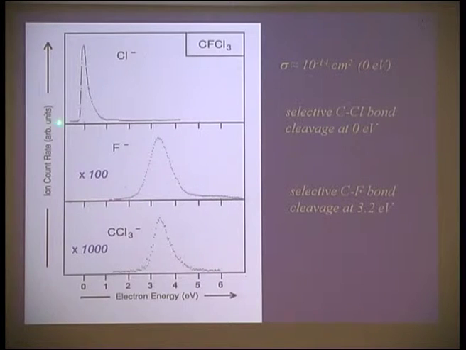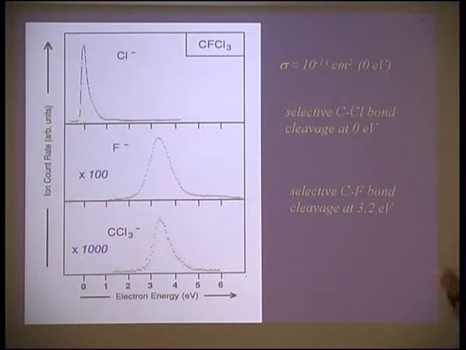What you see here is just the energy scale. Here is 0. And this is just the intensity of the ion. What you see is Cl minus. So you form it at an energy close to 0.